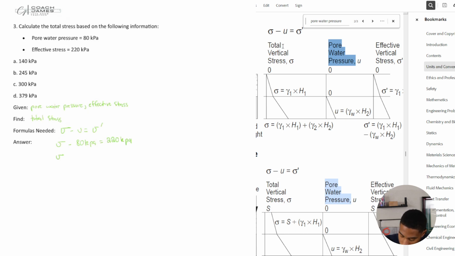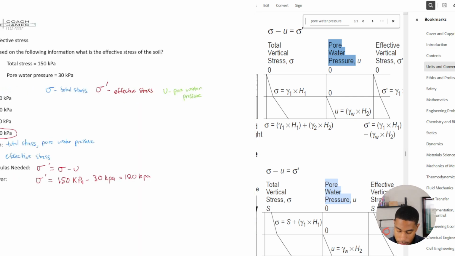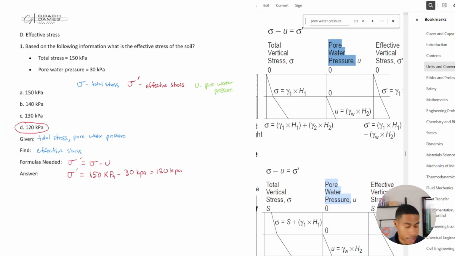And so then I know that if I add to both sides, then the total stress that I'm solving for is going to be 300 kPa, kilopascals. Pretty, not too difficult.